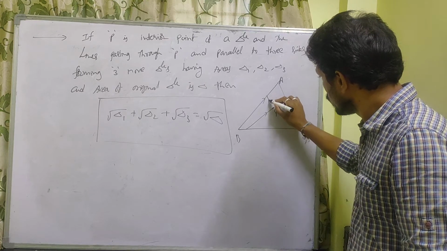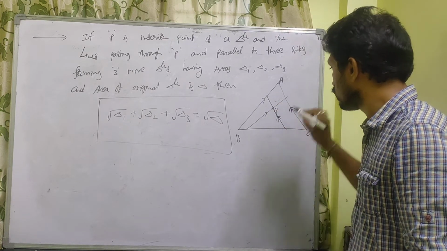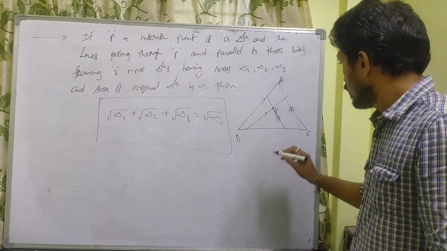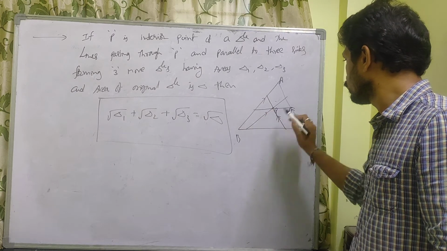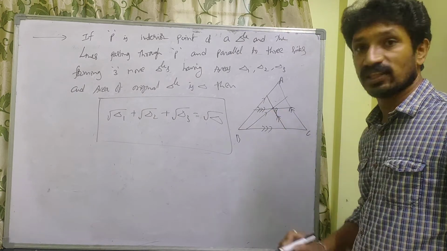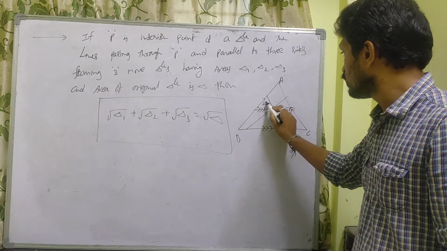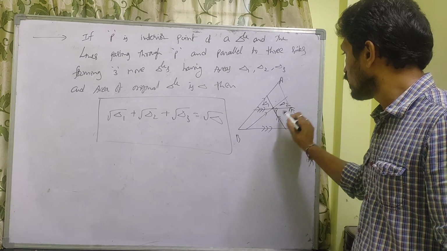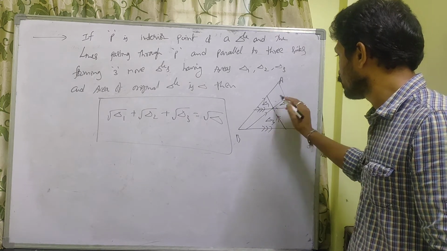This is one of the sides parallel to this one, and here one more for this one. So three triangles are formed by this. This is one triangle, and the areas are delta 1, delta 2, delta 3. This is the point P.